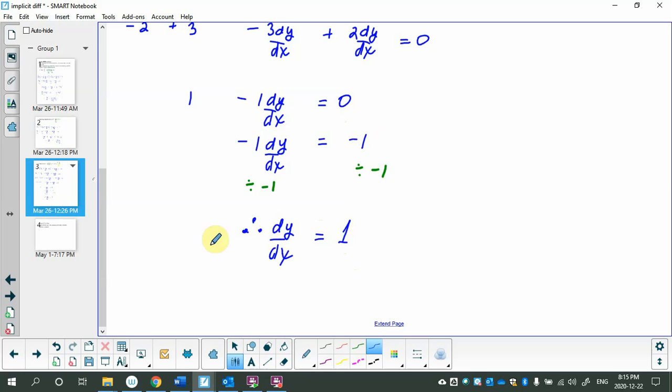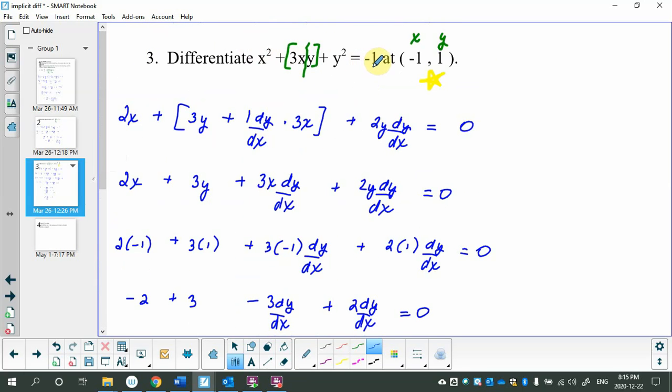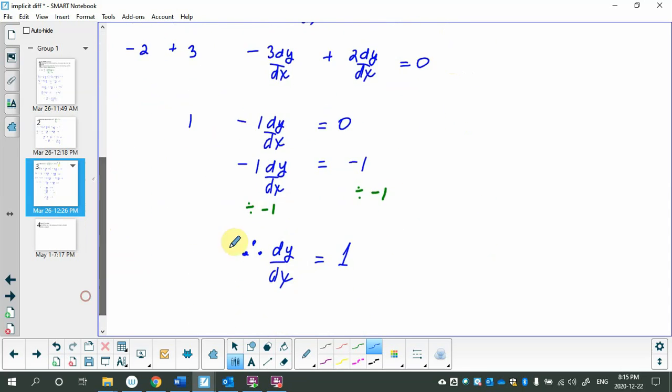So the slope of the tangent, if I drew this curve and then found negative 1, 1, and then I laid a line on negative 1, 1 that went through only that point, so it grazed this curve at that point, the slope of that line would be 1.